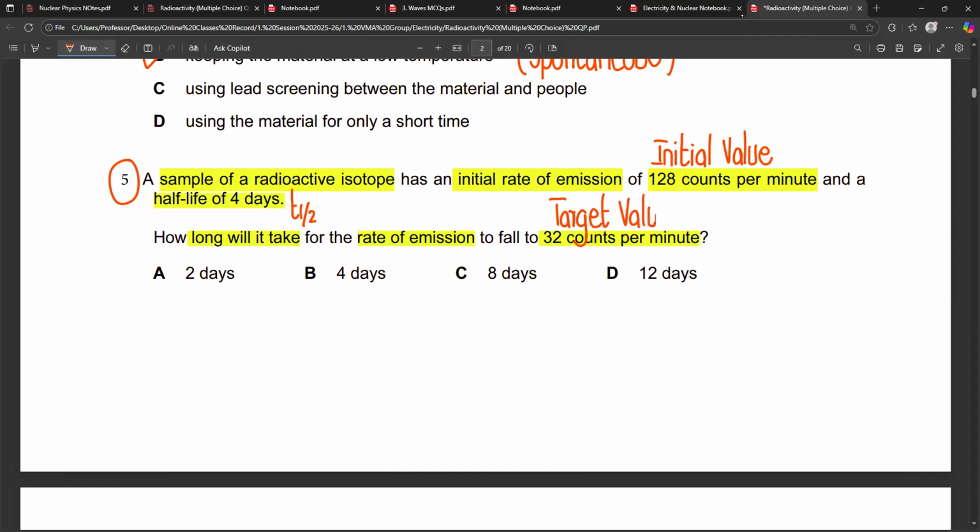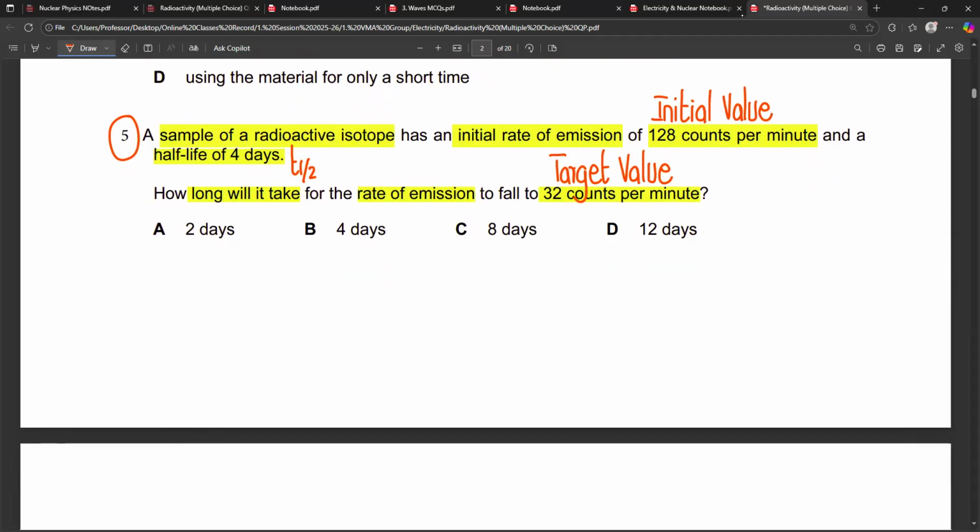So the process is again very simple. Start from the same. We have 128, decrease it to half, it becomes 64. 64 divided by 2, 32. So now you can see we got the value 32. And according to the calculation, it is mentioned half-life is equal to 4 days.